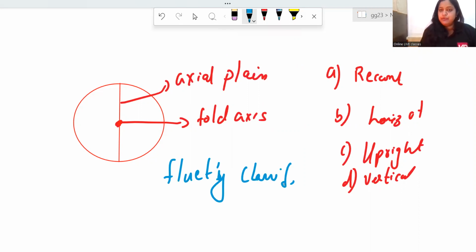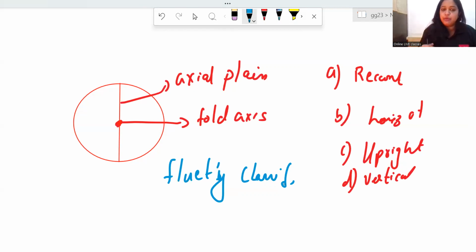So we know what a recumbent fold is. Recumbent fold means the fold axis is horizontal and the axial plane is also horizontal. Horizontal fold terminology is for any fold that has a fold axis of 0, a horizontal fold axis.